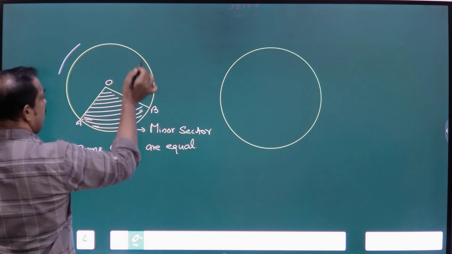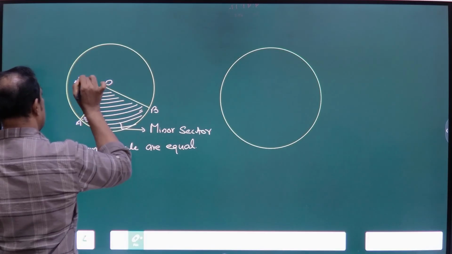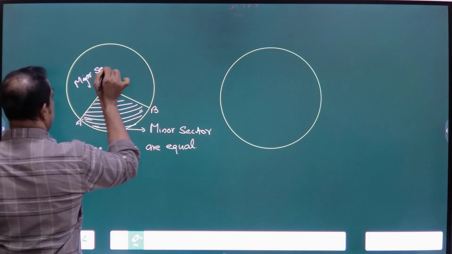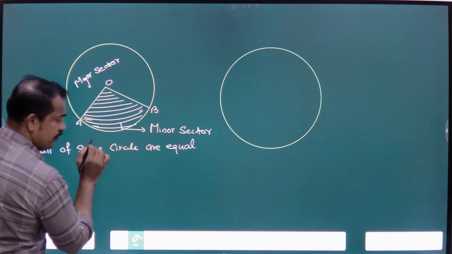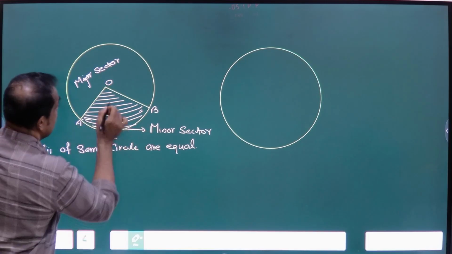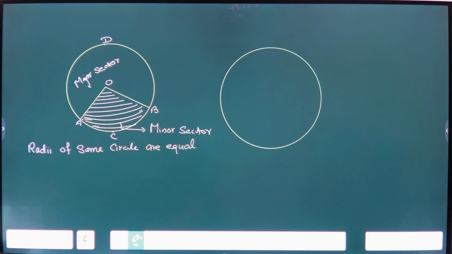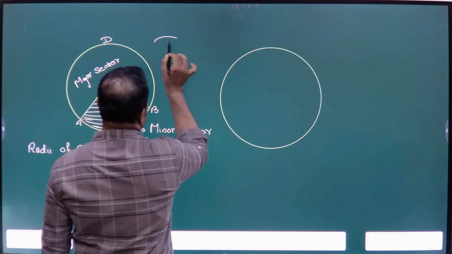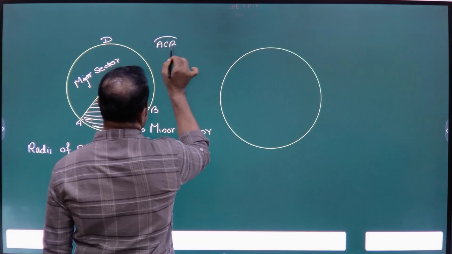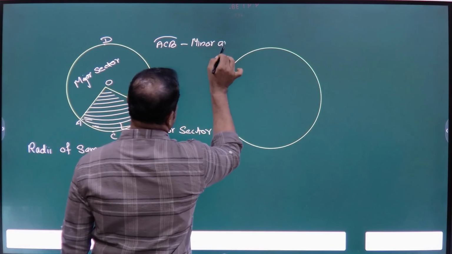और द रिमेनिंग पार्ट कौन सा होता है? ये मेजर सेक्टर. ये लेंथ है ना, ये वाला ACB. ACB is called minor arc. Minor arc represented by, देखो, ACB is called minor arc.